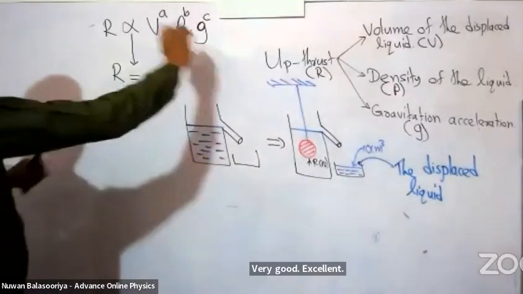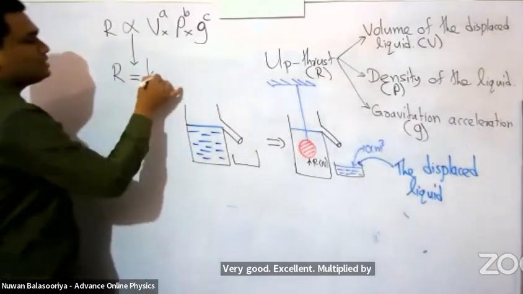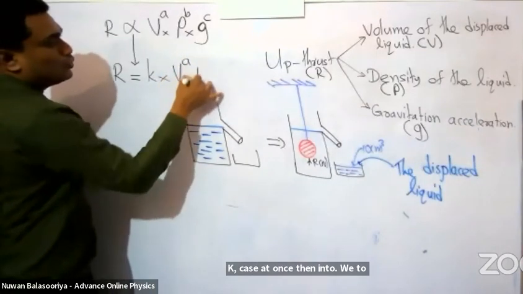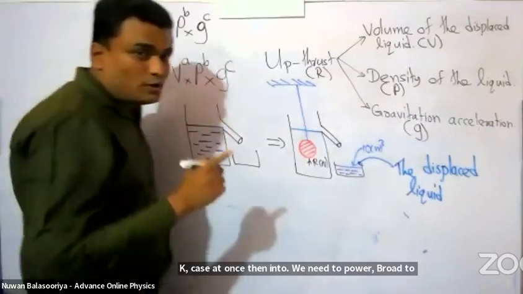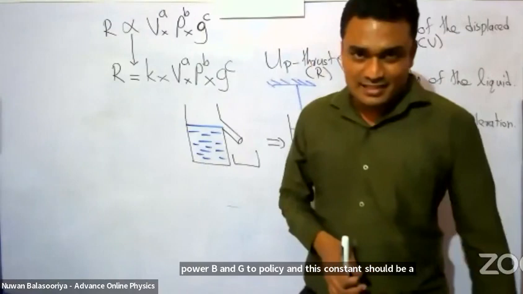Multiply by a constant. Let's multiply this side by a constant K. So upthrust equals K times V to power A, rho to power B, and g to power C. And this constant should be a special constant, then only we can use dimensional analysis.